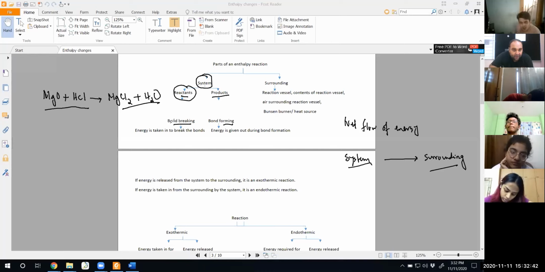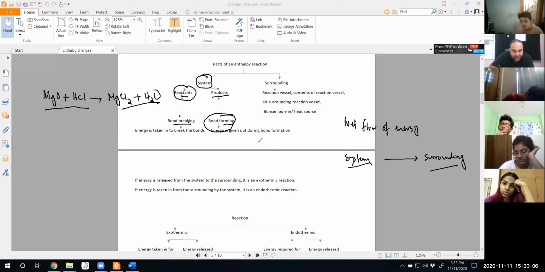Now, if the energy needed to break the bond is less than the energy released during bond formation, then it's going to be an exothermic reaction.